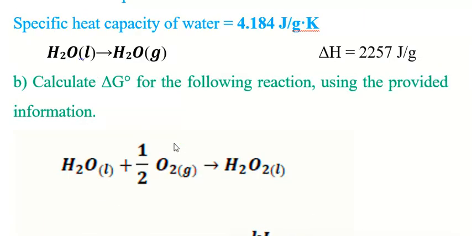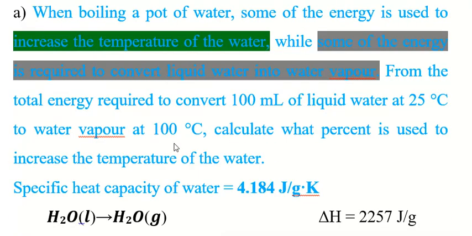Okay, first we focus on the first part. There are two things. First of all, we have to calculate the heat which was used to increase the temperature of water from 25 Celsius to 100 Celsius. Keep in mind, divide your numerical into two parts. First, calculate the heat used to increase the temperature from 25 to 100 Celsius.